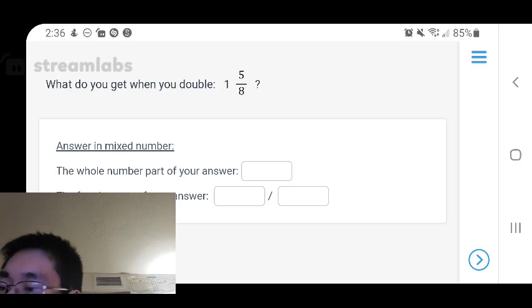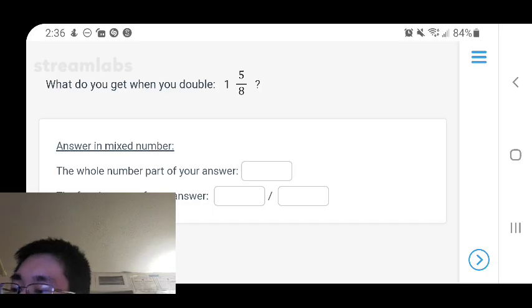Question 4. What do you get when you double 1 and 5/8? You make it into an improper fraction first, it's easier. 8 plus 5 is 13, and you have it over 8. Then you multiply it by 2 and get 26 over 8.